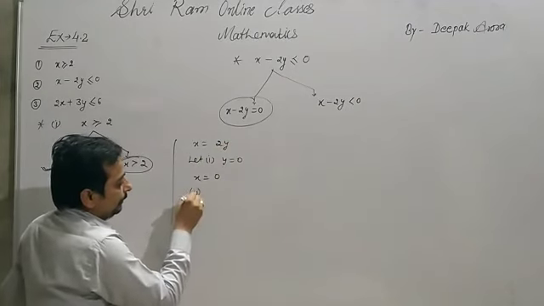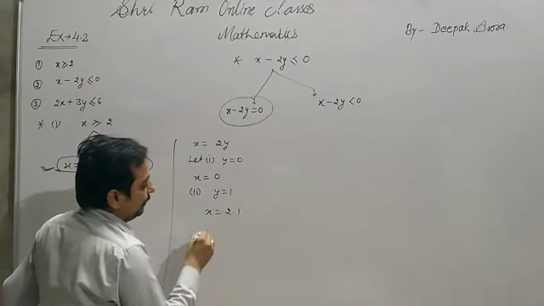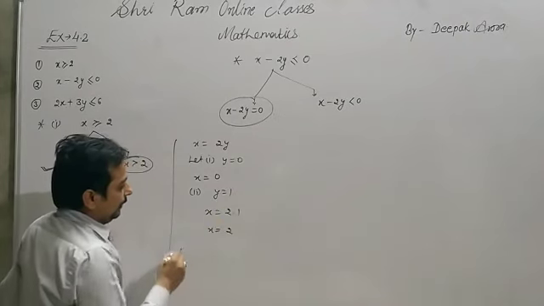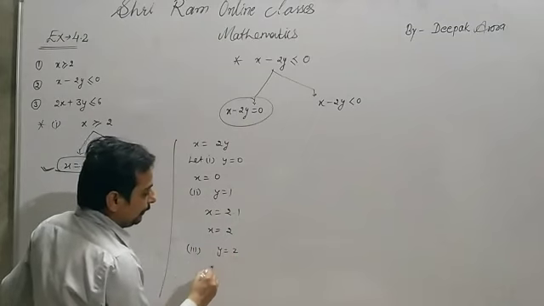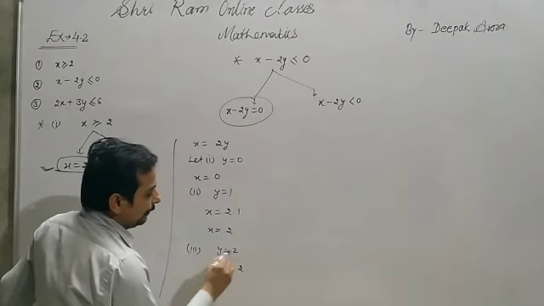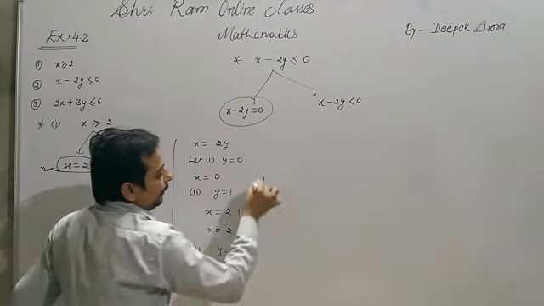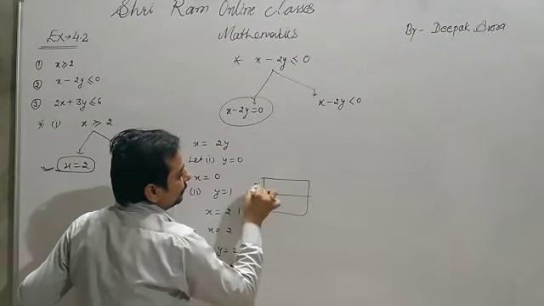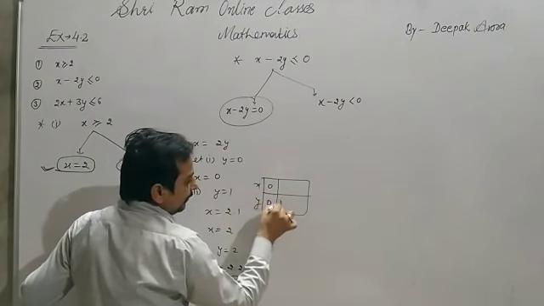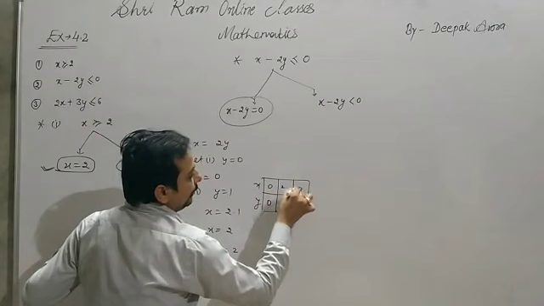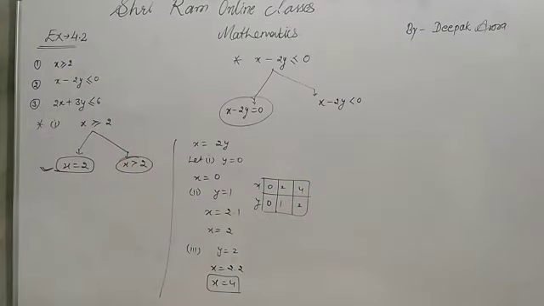The second value y is 1, then x is 2. The third, let y is 2, then x is 4. Now we have a table for x and y: 0 and 0, then 1 and 2, and 2 and 4.